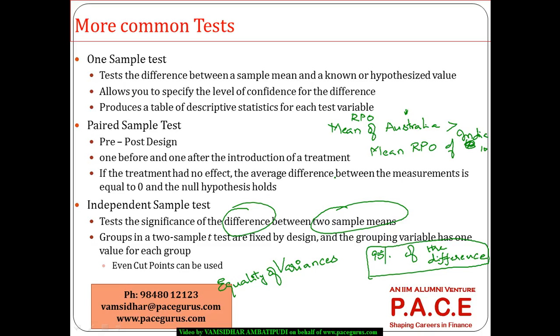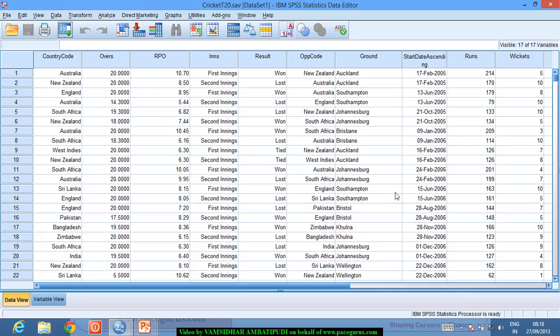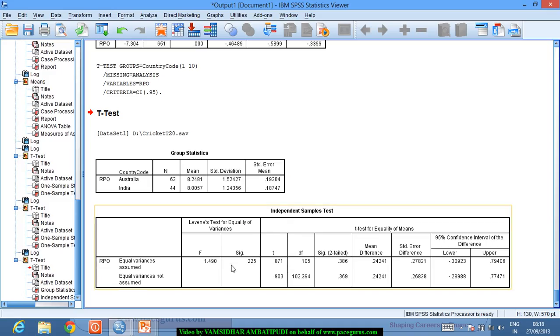The null hypothesis as far as the F test is concerned is that the variance of Australia's runs per over is equal to the variance of India's runs per over. That is the null hypothesis. The alternate is not equal. Now the same logic again holds true. I will check out the significance level. In this case the significance level is 0.225.